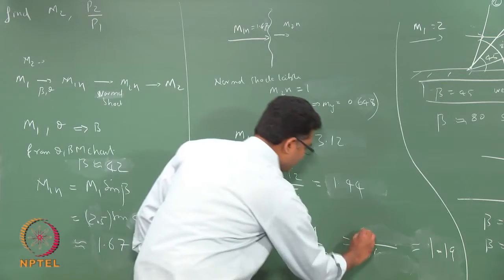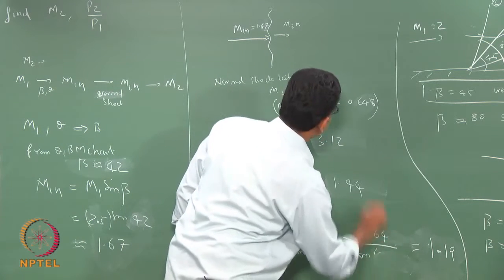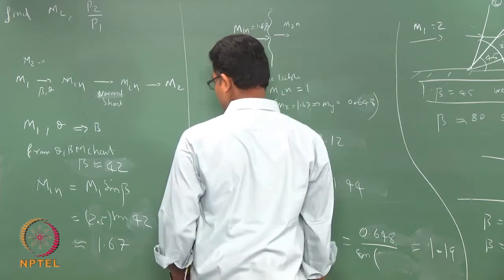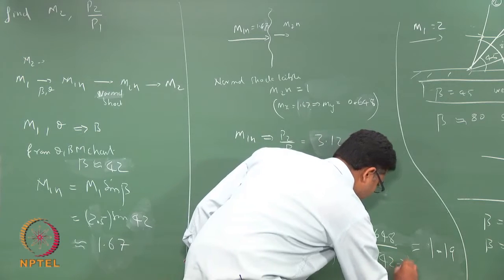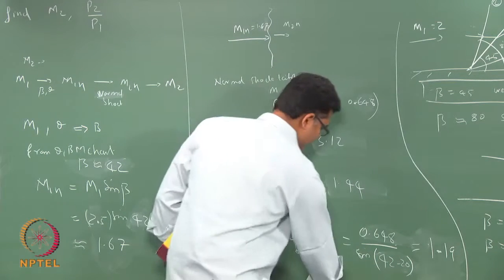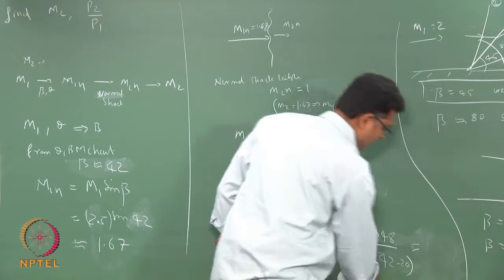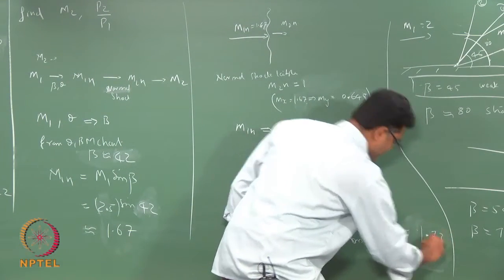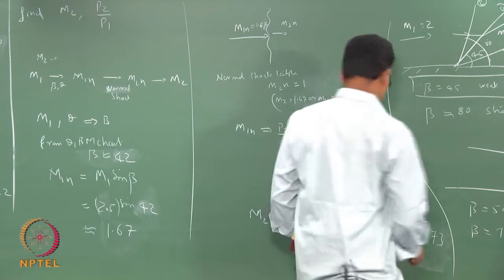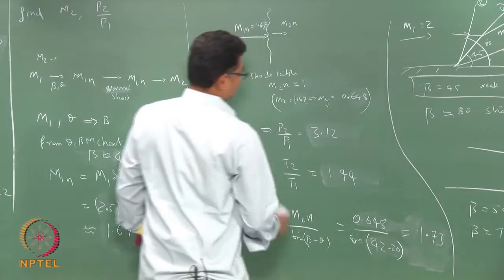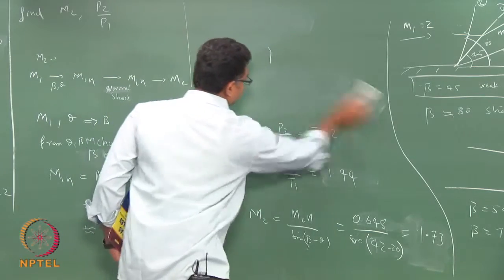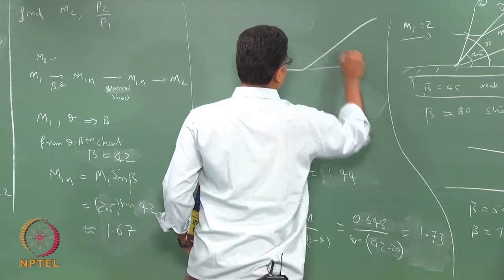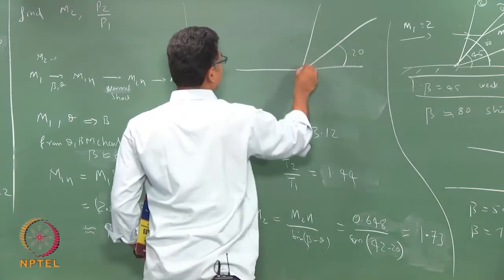M2n is now 0.648, sin beta minus theta is sin of 42 minus 20. This is around 1.73. So, your M2 is now, so I am going to draw that thing here. So, this is 20 degrees.